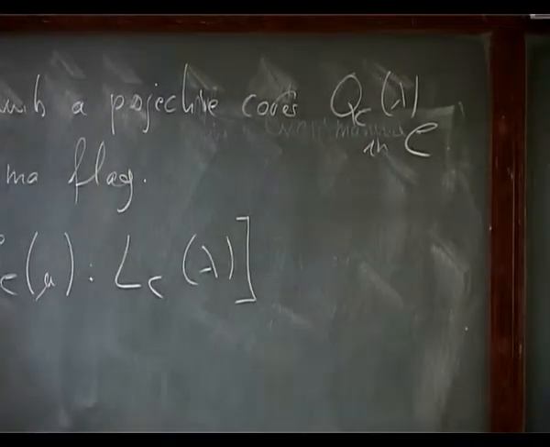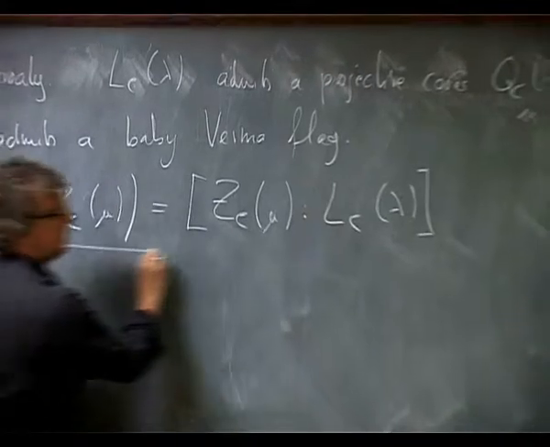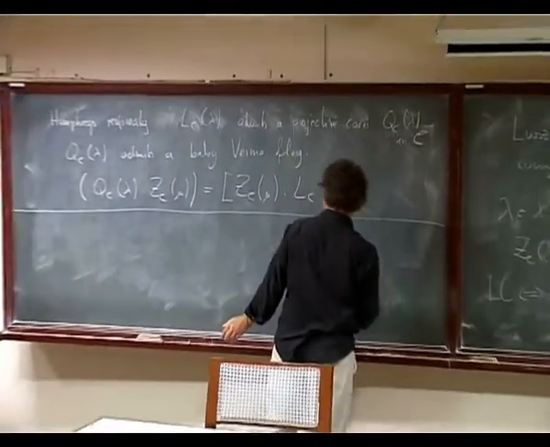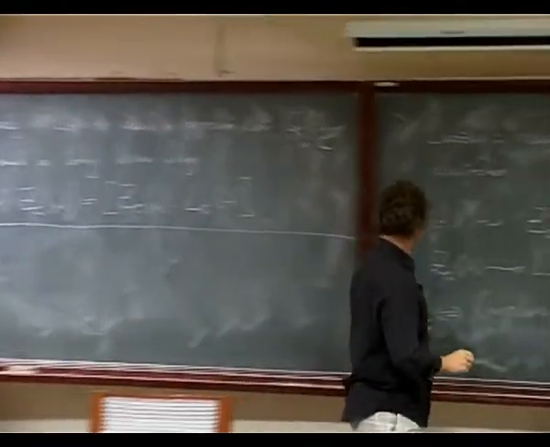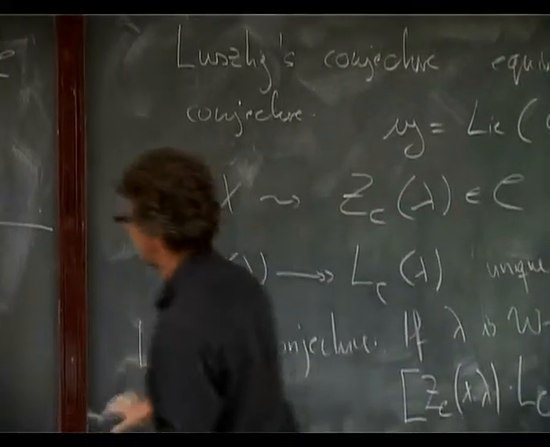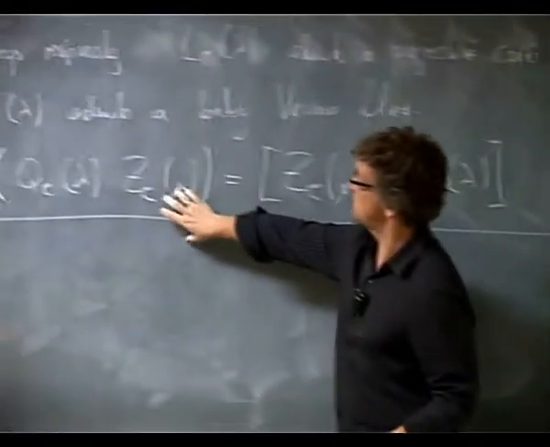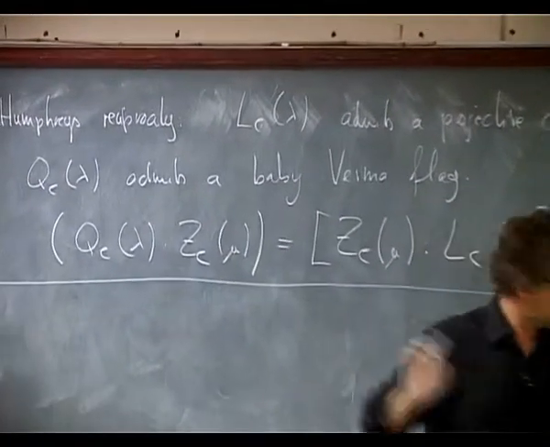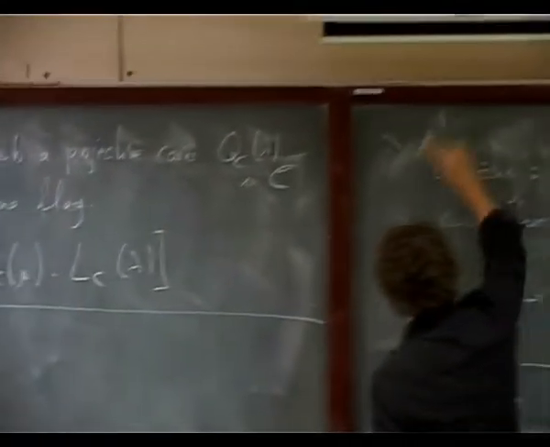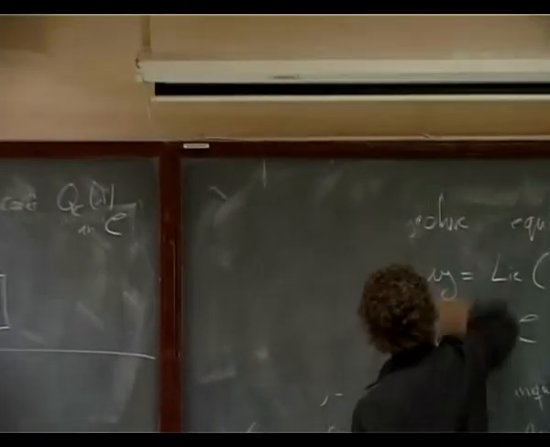So this is Humphreys' reciprocity. Now, you see, we then translated Lusztig's conjecture into a multiplicity conjecture for these projectives. Now, finally, I can write down the theorem.